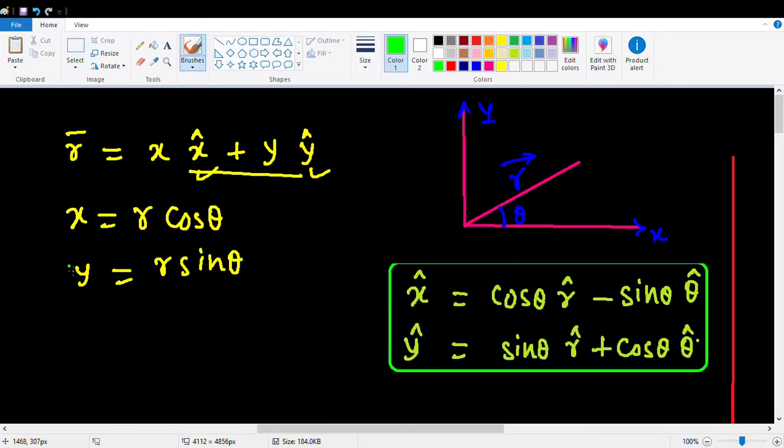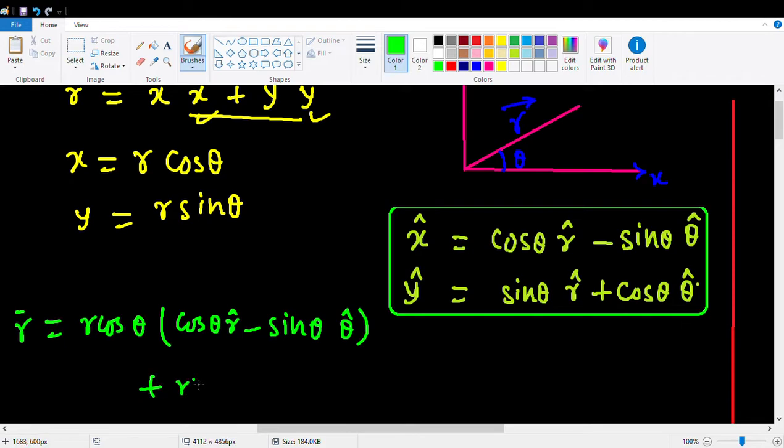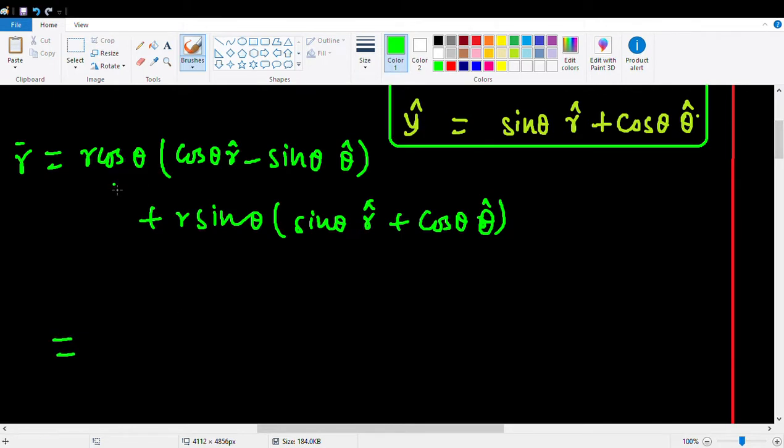Now what I'm going to do is plug all these things in here. So now I can write r sin theta r hat plus cos theta theta hat. This is very simple. Now what you can see is that r cos theta multiplies with this thing as well as this, so it will become r cos theta sin theta with a negative sign.